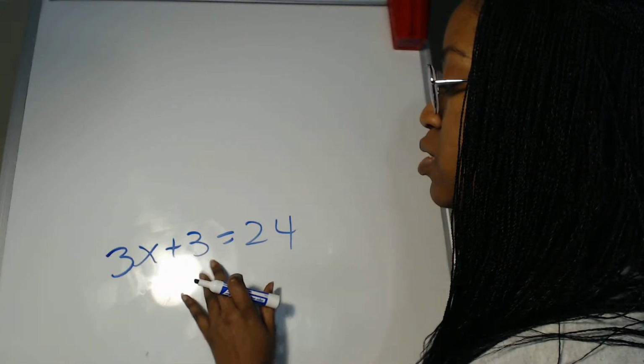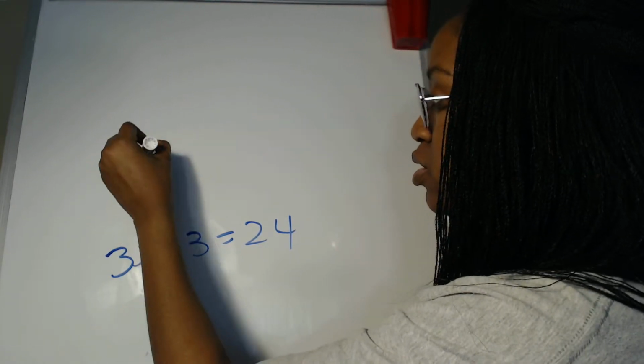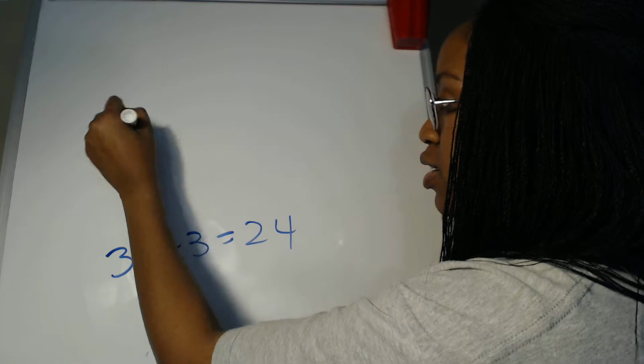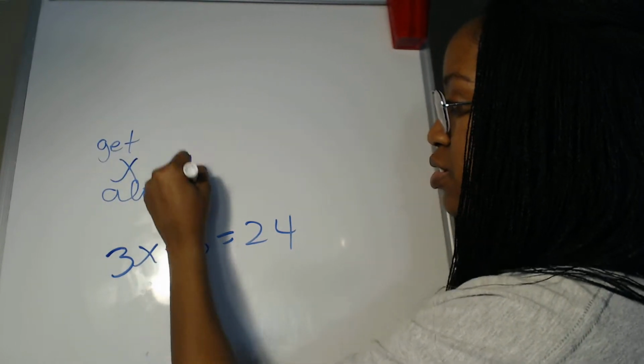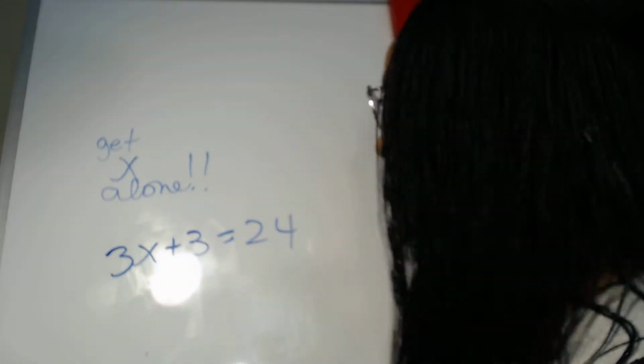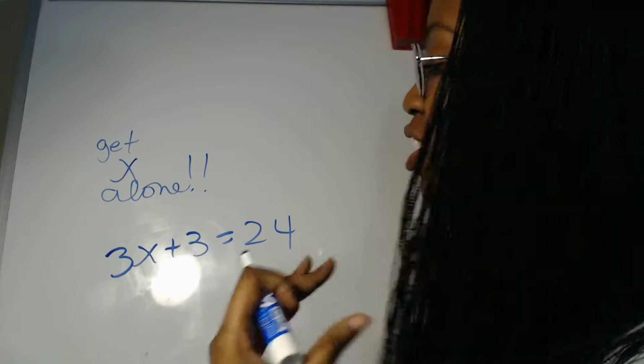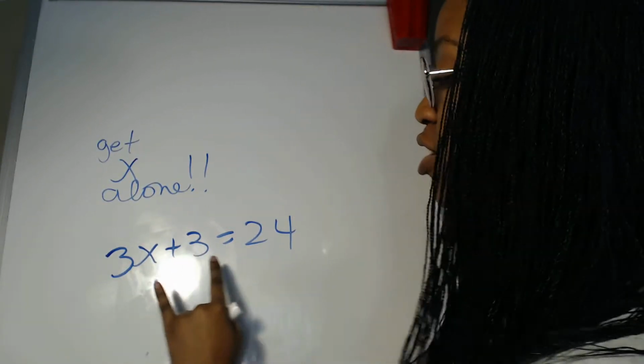We have 3x plus 3 equals 24. Once again, we need to get x alone, so that she can find her value, her worth. Right now, there are two numbers.